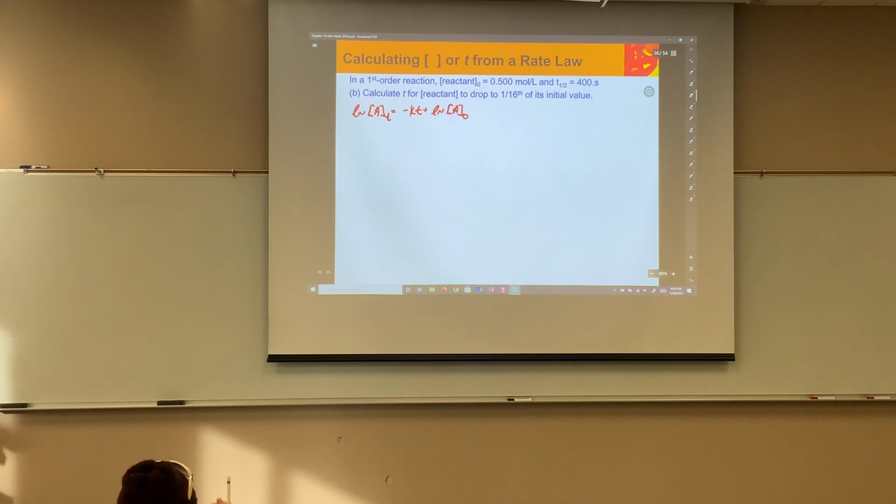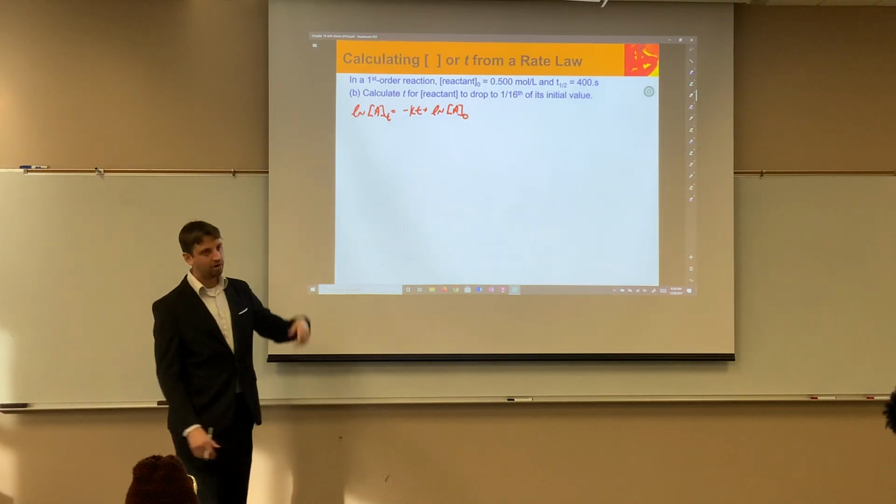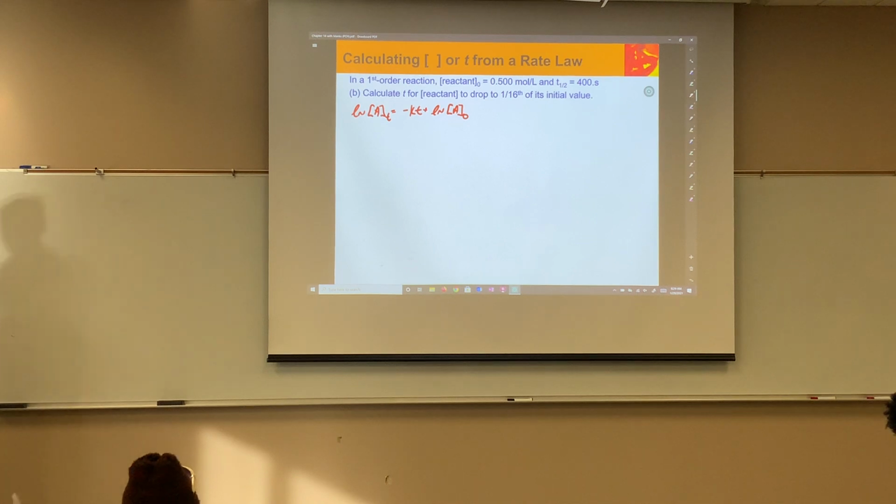We've got 4 variables, so we should see what information we have. A sub 0 is equal to 0.5 moles per liter.